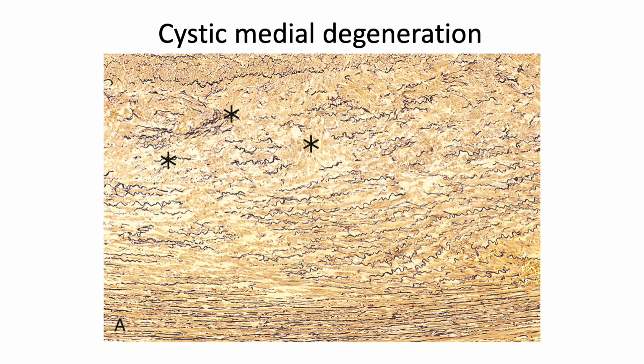This cross-section here is from the aorta of someone with Marfan syndrome, and what you see is instead of the nice parallel layers of elastic fiber, you see a lot of loss of elastic fibers and fragmentation and patchy areas where there are no elastic fibers. And that's characteristic of cystic medial degeneration.